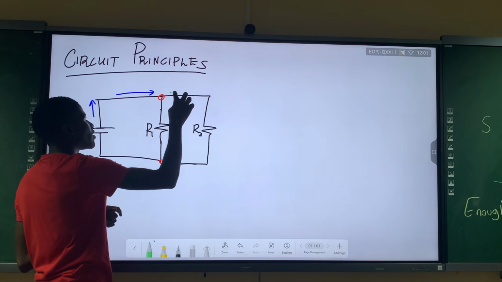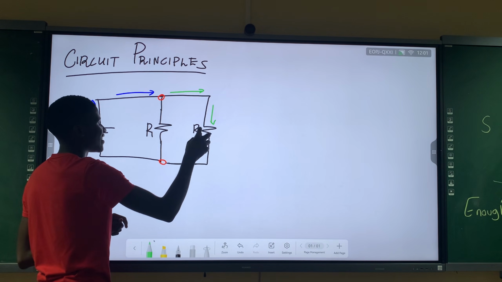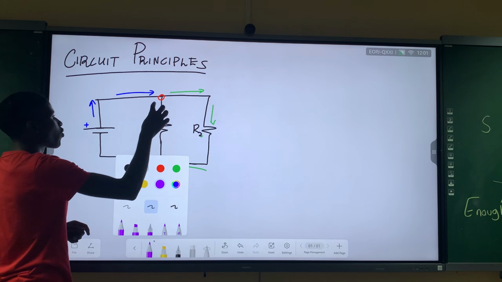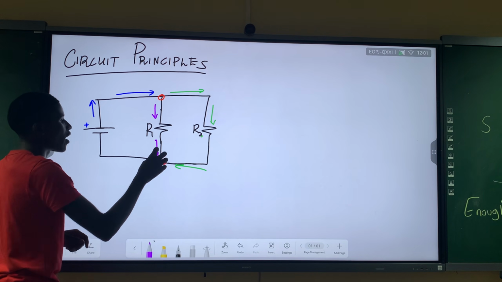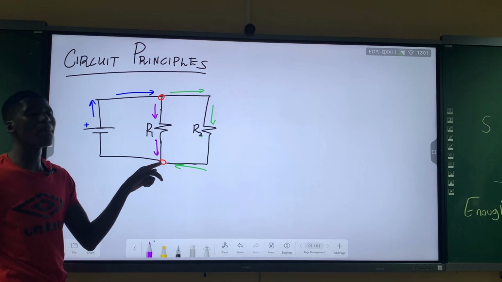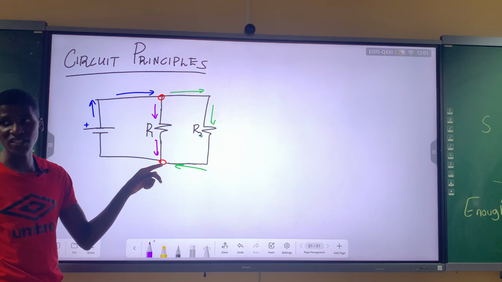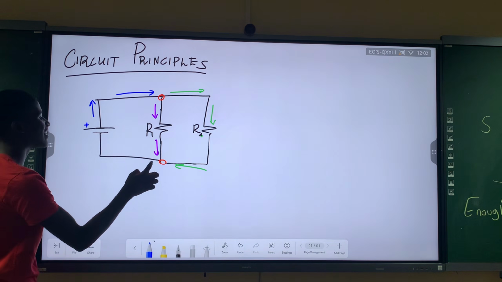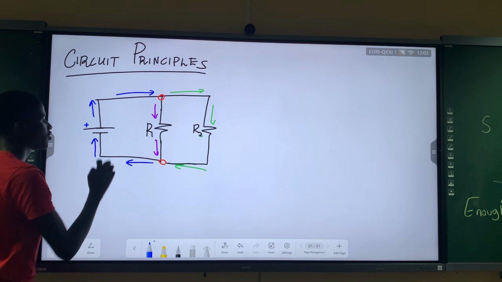Some of the current will go to resistor R2, and some will go to resistor R1, and then they will recombine again at the second node to produce the same current we had at first, which was the total current.